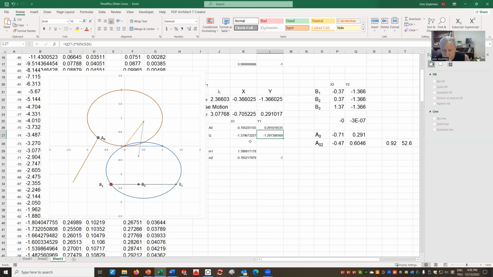Y value will be equal to, since this is on that line, or from B1 you can say, is equal to Y2 plus M2 times, open up parentheses, X minus X2, close parentheses.